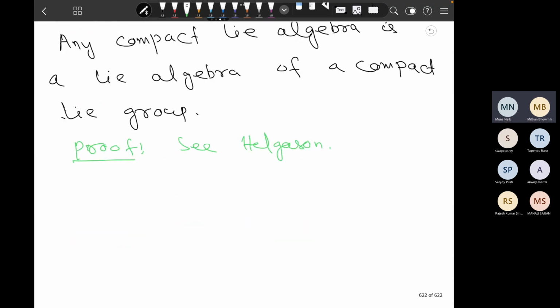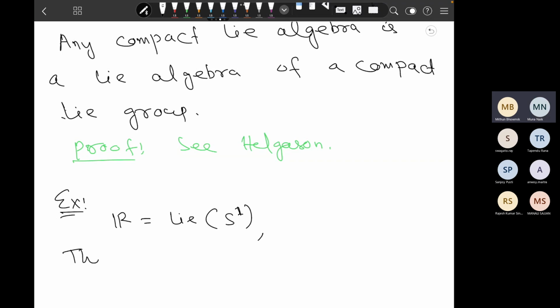You can look at this example. The Lie algebra of R is really R, but R is also the Lie algebra of S1.